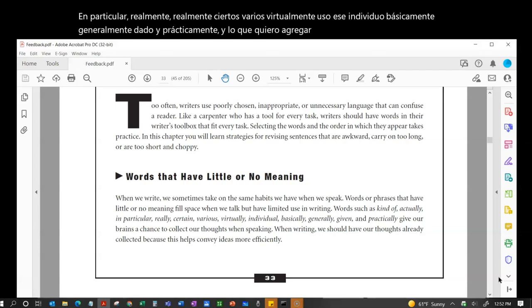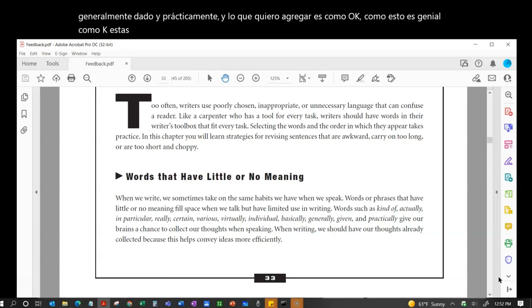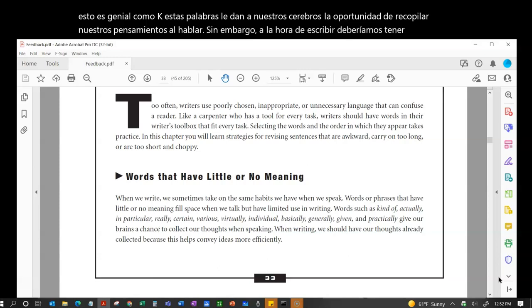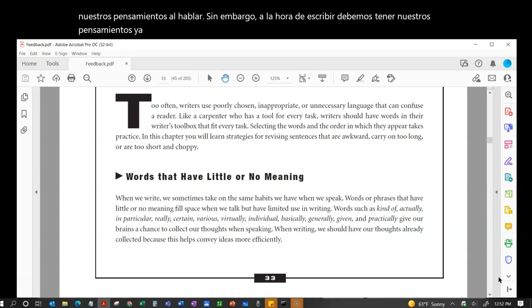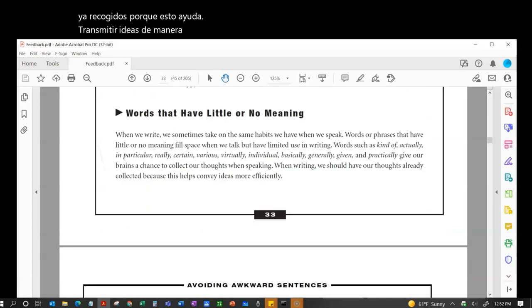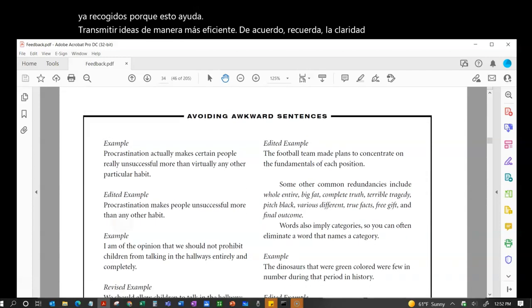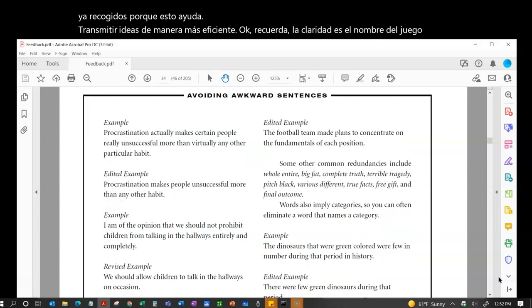Like, man, this is cool. Like, okay? These words give our brains a chance to collect our thoughts when speaking. However, when writing, we should have our thoughts already collected because this helps convey ideas more efficiently, okay? Remember, clarity is the name of the game. You want your sentences at all times to be clear.